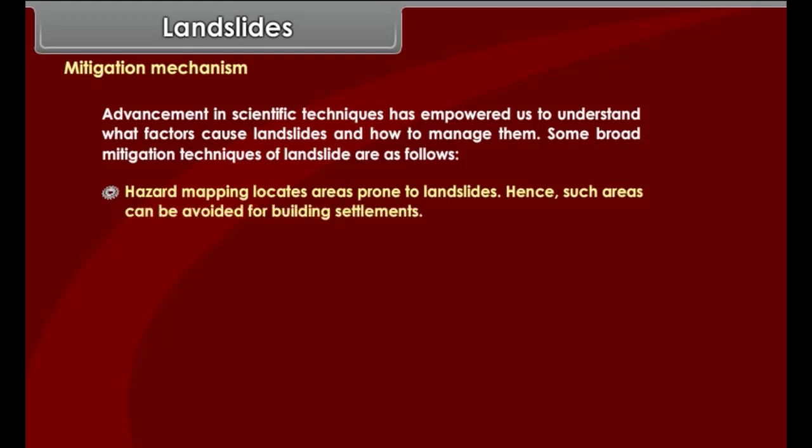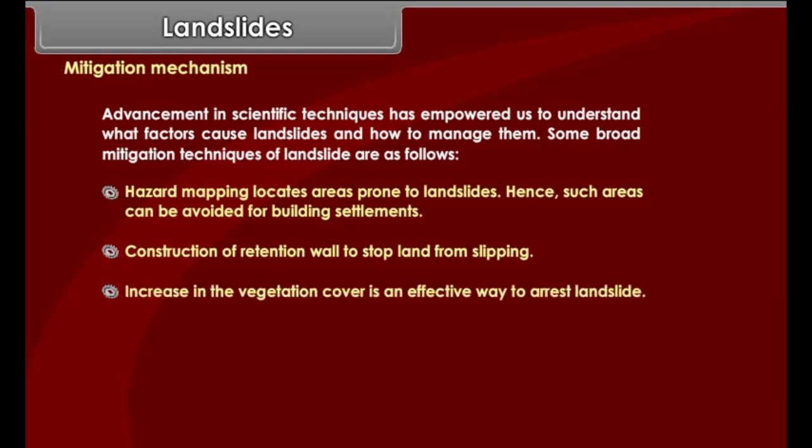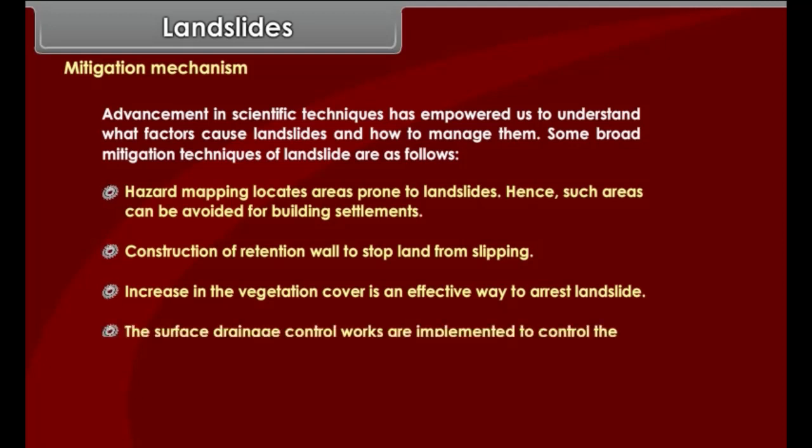Hence, such areas can be avoided for building settlements. Construction of retention walls to stop land from slipping. Increase in the vegetation cover is an effective way to arrest landslides. The surface drainage control works are implemented to control the movement of landslides along with rainwater and spring flows.